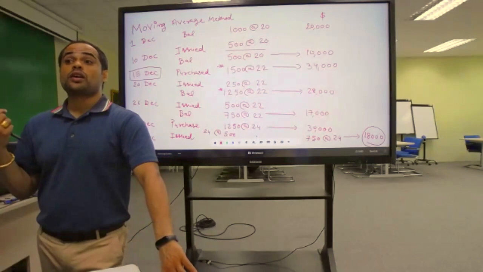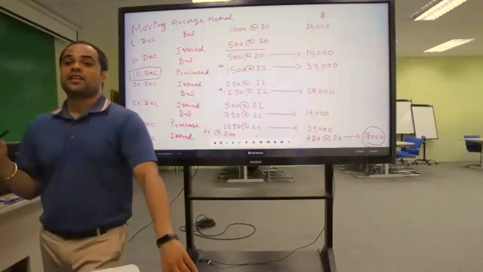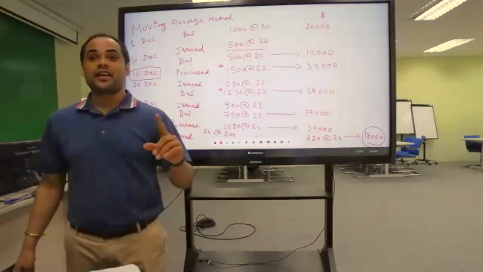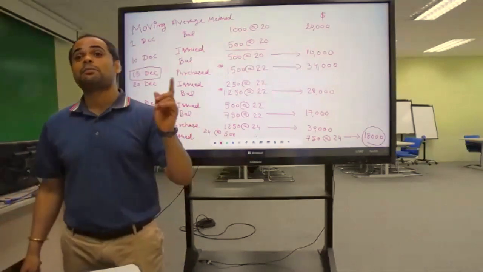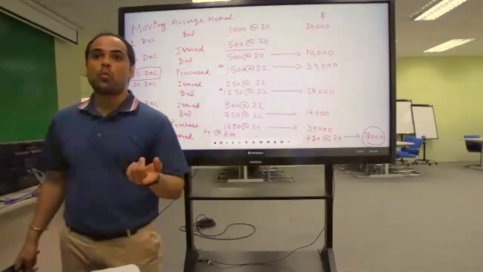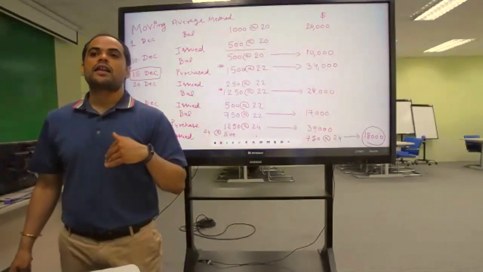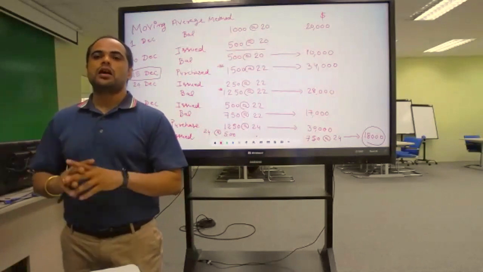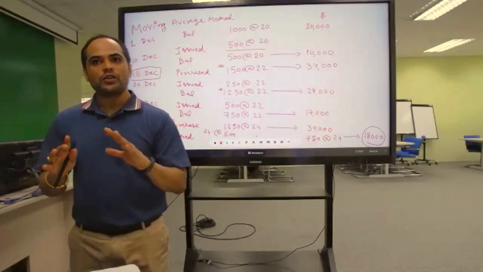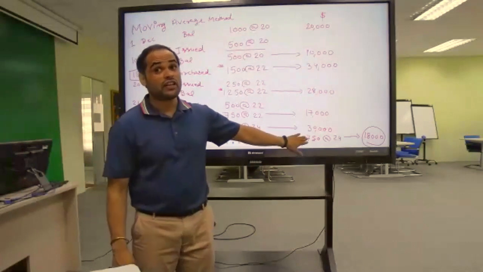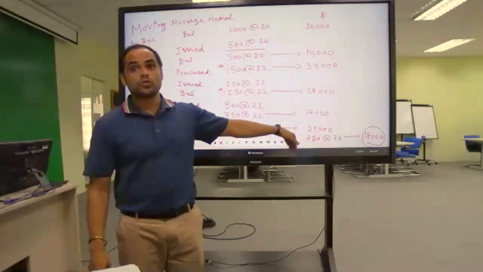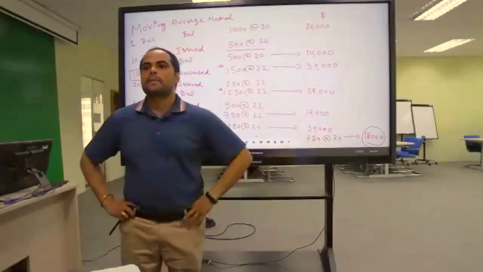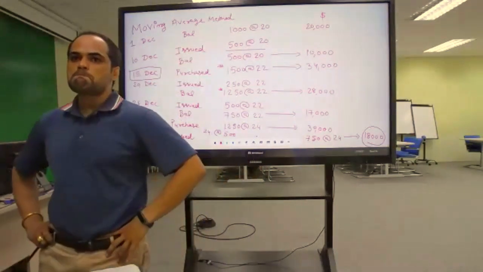According to LIFO, the value of inventory is going to be much higher than FIFO and moving average. So that is your homework: calculate the LIFO method. In the next lecture, you will tell me what will be the value of 750 pounds using LIFO. Understand? Yes or no?